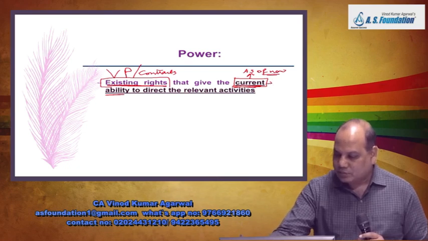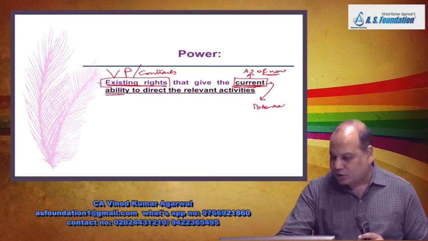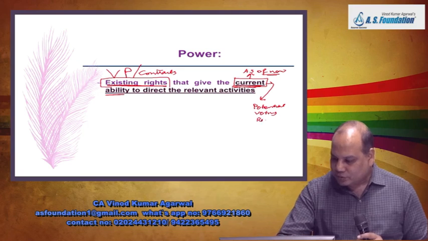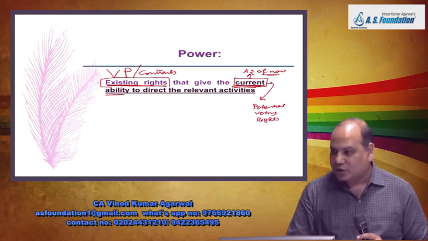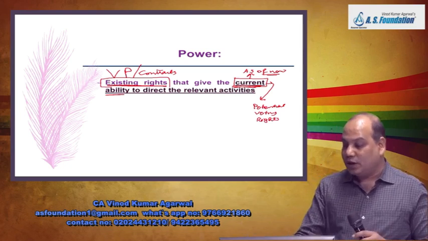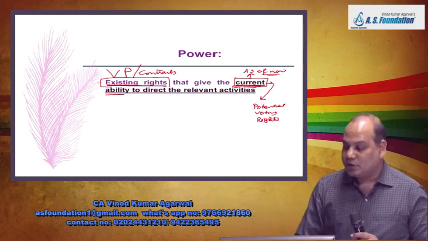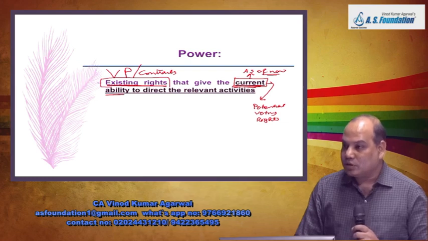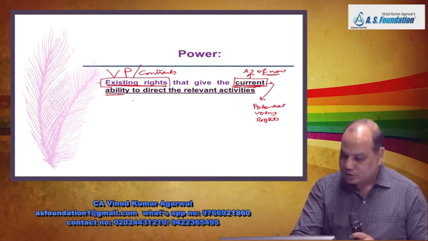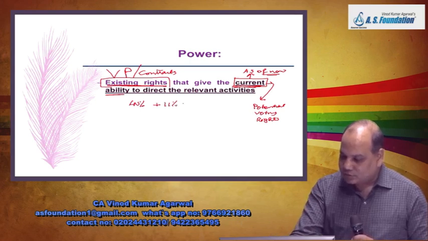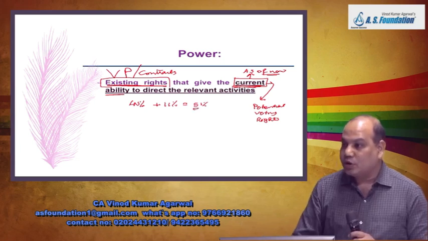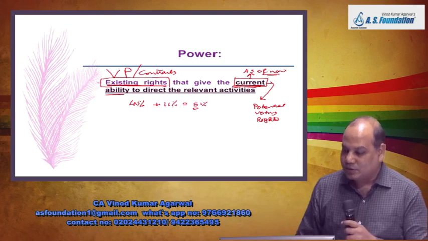An example of current ability would be your potential voting rights also. Say you are holding warrants which can be converted into shares at any time. Even that will be considered in checking whether you have the current ability or not. Suppose you are already holding 40% share and through the warrants you can get 11% share, and you can exercise the warrant at any point of time, which will give you 51% stake in the company.